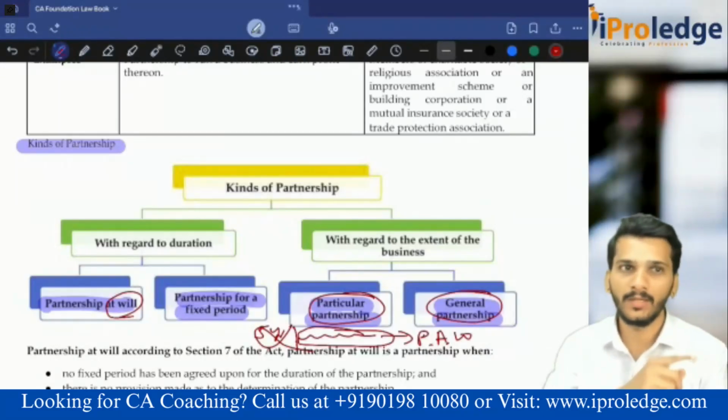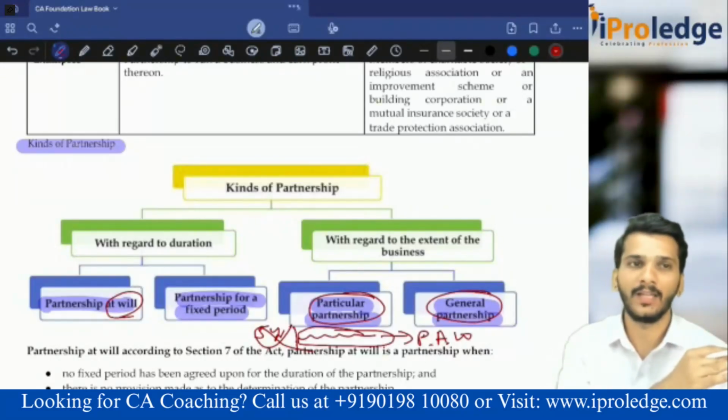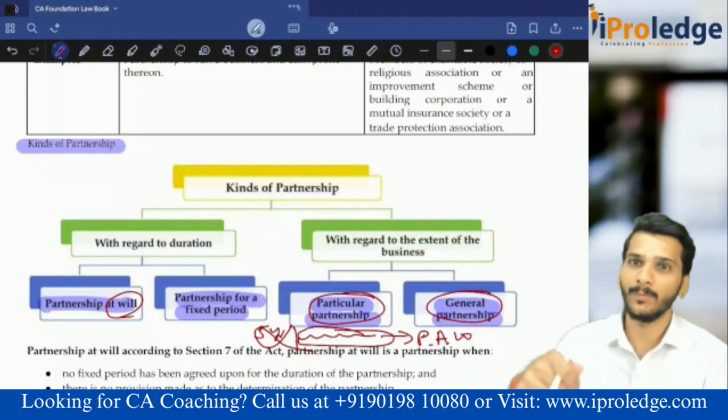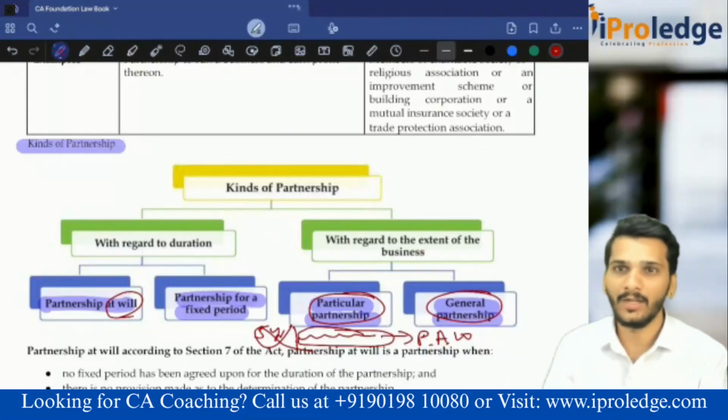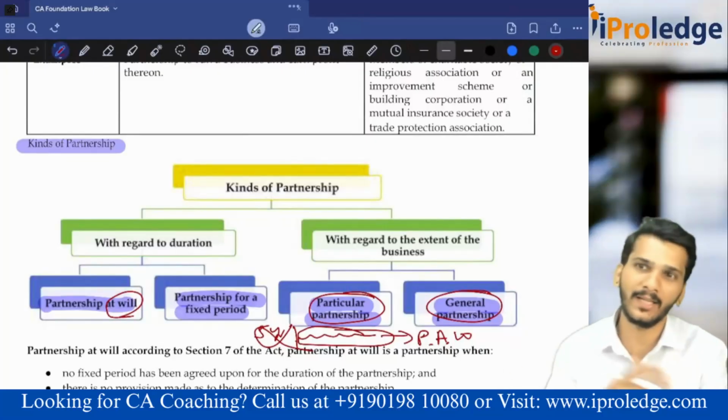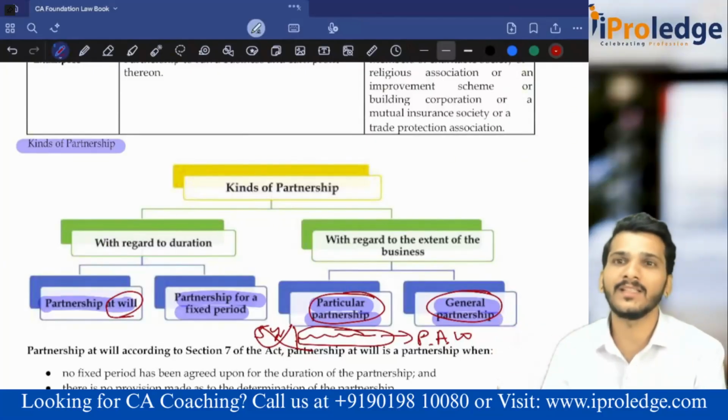There is one person in our area, Rajajinagar. Whenever the summer season comes, he brings watermelon, plus mango. The next season, when the rainy season comes, the watermelon is gone. Then he brings one more fruit, again one more fruit. Depending on the season, he keeps on changing. That's what we call general partnership. It depends on the commodity demand.